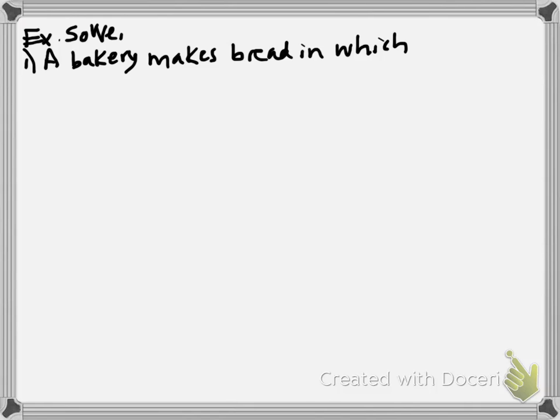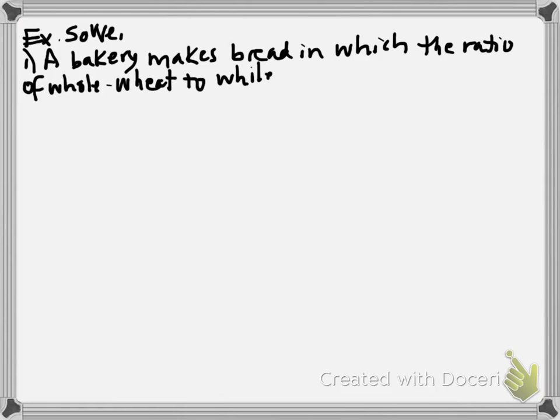So the first one talks about a bakery that makes bread in which the ratio of whole wheat to white flour is 5:2.